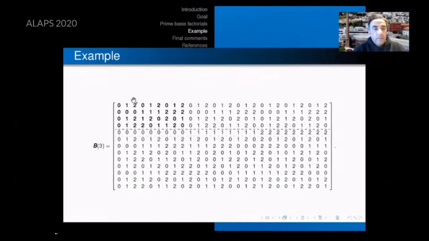This is that matrix with a single row, 0, 1, 2. And here, for example, we have 1 because we are summing 1 plus 0 is 1. Or here we sum 1 plus 1 is 2, and so on.